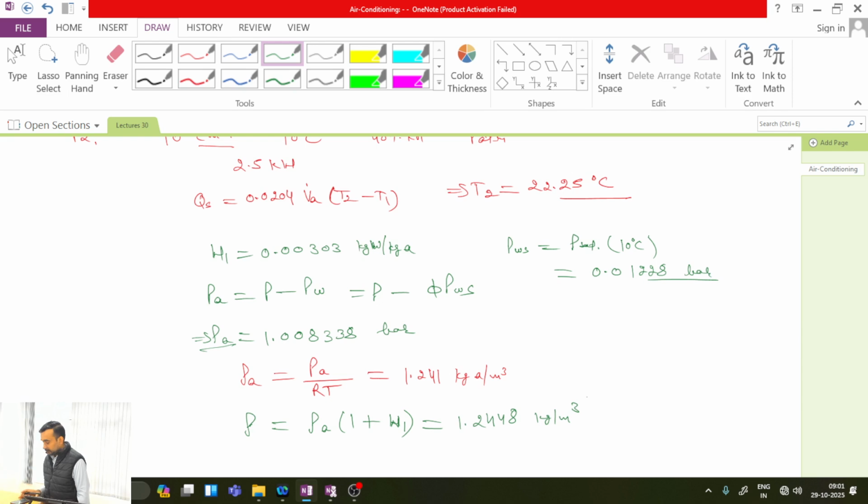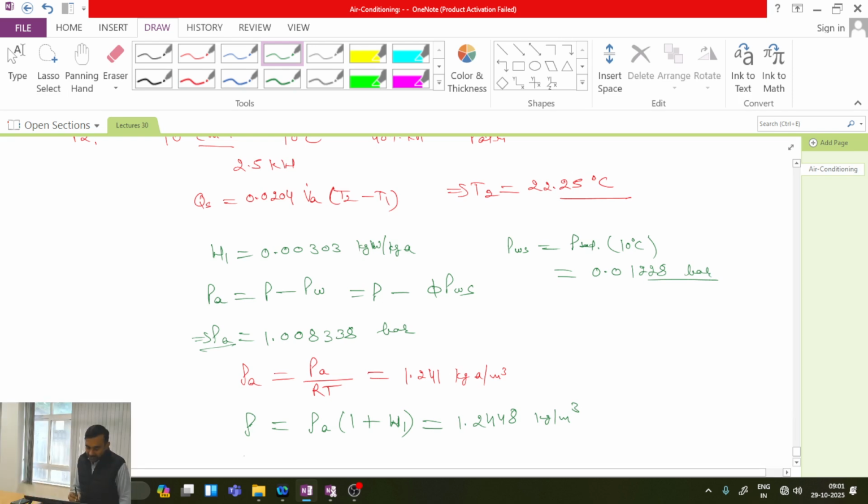Correct? Now, what will be mass flow rate? Density into cmm. Correct? Because earlier in this formula 0.024, whatever density is being used, that is density corresponding to STP.